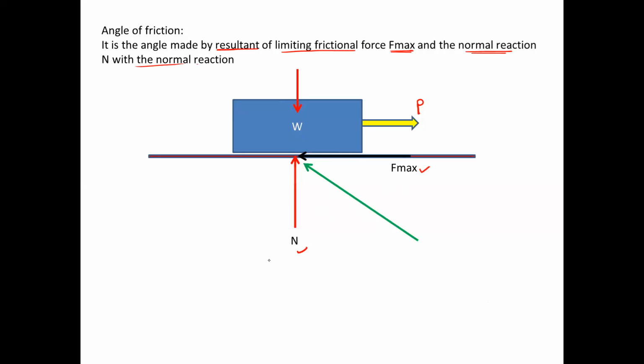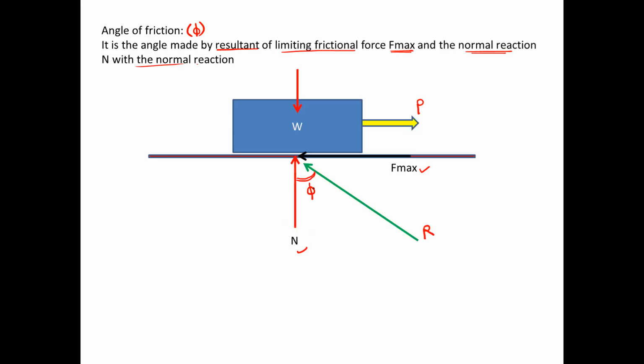So this is the resultant of these two forces, F max and the normal reaction N. The angle made by this resultant with respect to the normal reaction is represented as phi, and this is called the angle of friction.